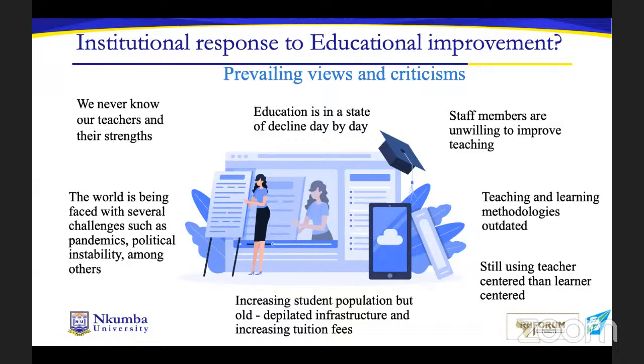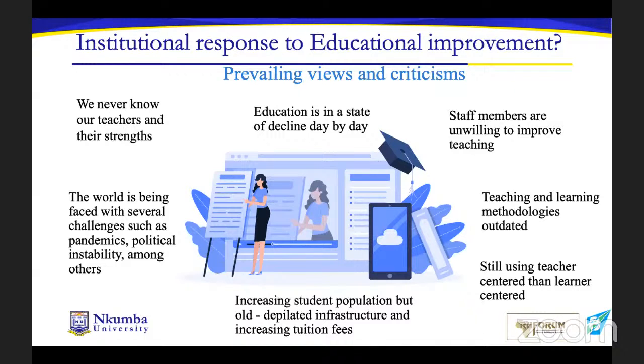We still have several teaching and learning methodologies which are outdated and stuck within our educational system. We have several lecturers who are teacher-centered rather than learner-centered in terms of teaching and learning.